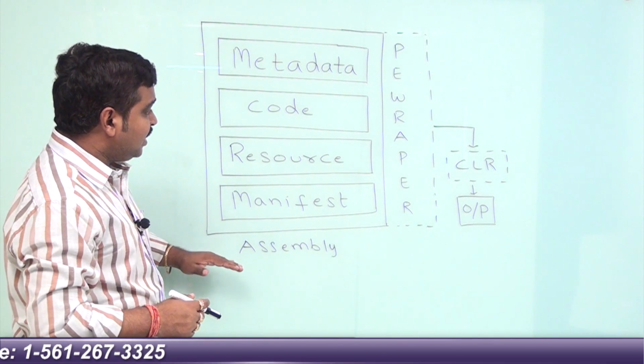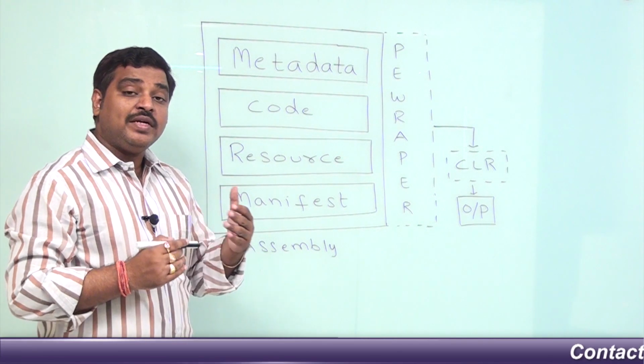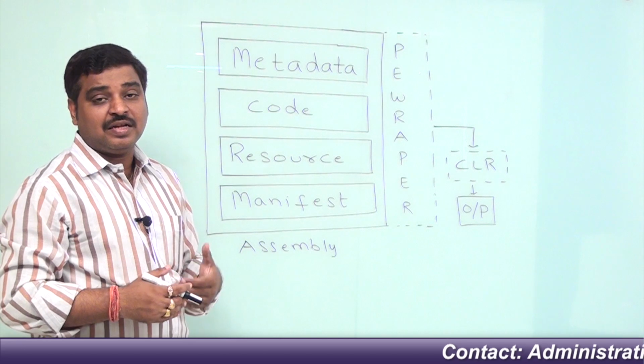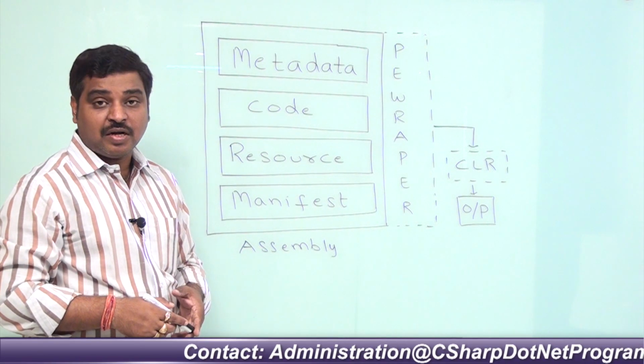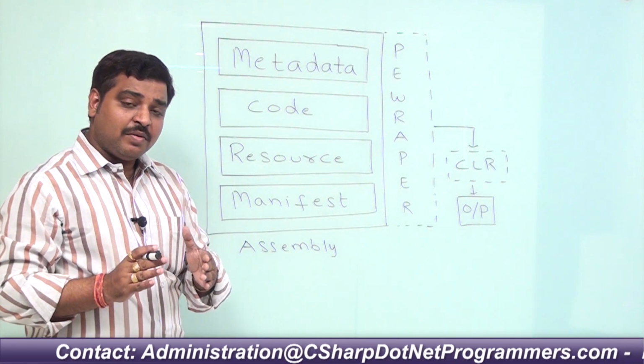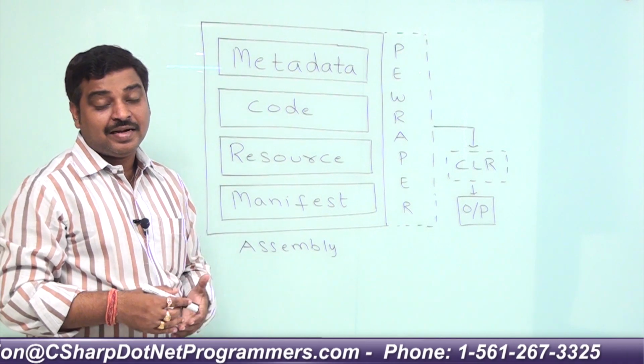When we say an assembly, it consists of metadata, where metadata provides the details about the libraries, the base class libraries that are used within your application. Metadata provides the information, or you can say data about data.